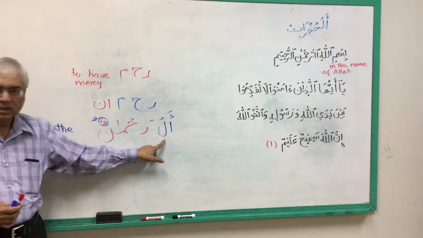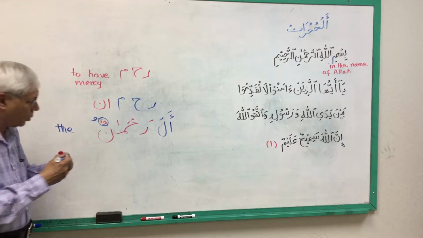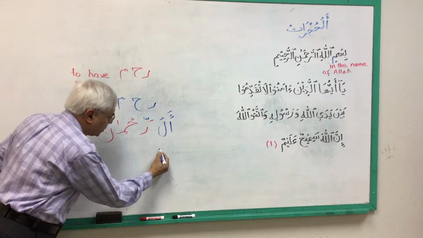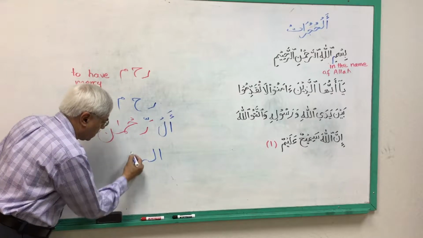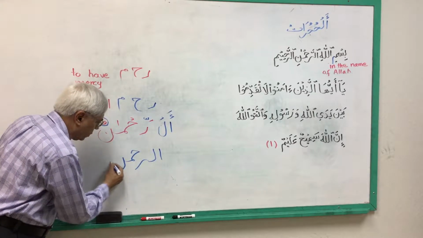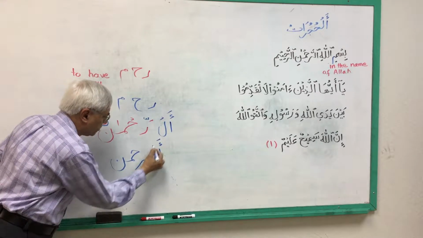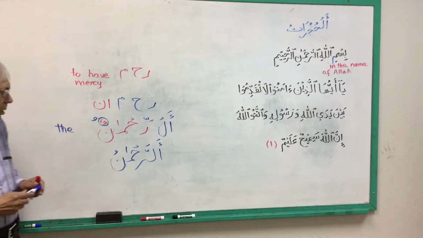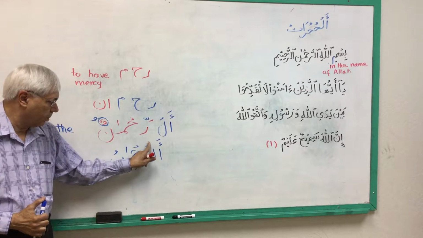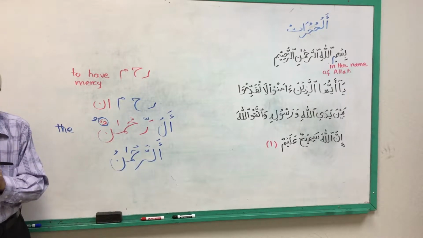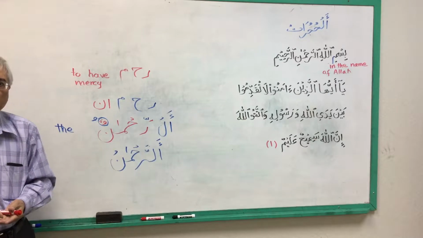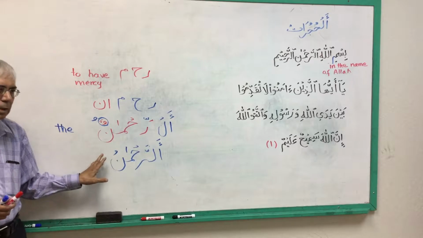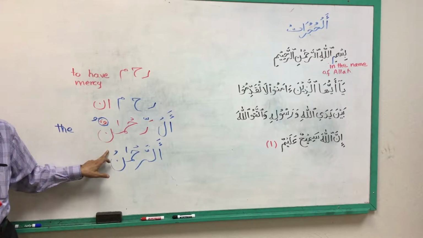Al is pronounced as a ra, so you put a shadda on this. No harakat on lam. Lam becomes silent, ra becomes twice. Ar-Rahmanu. Two dhammas change into one.